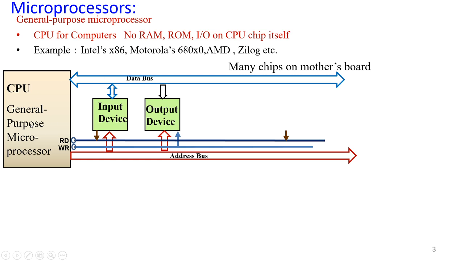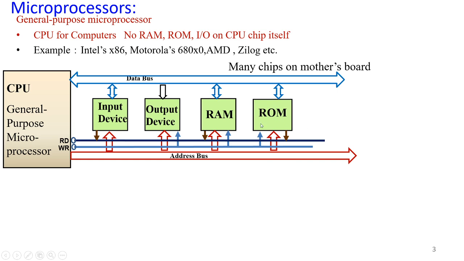The microprocessor displays that data using this output device. The next block is random access memory. This is a read write memory, so both read and write signals are attached to this memory. Read only memory is one time writable, many times readable.